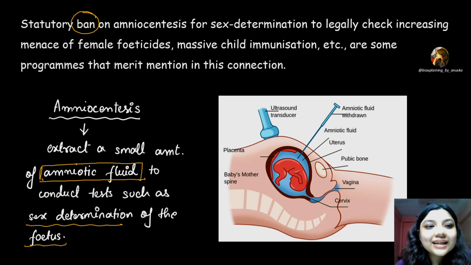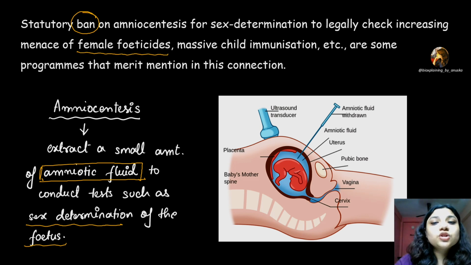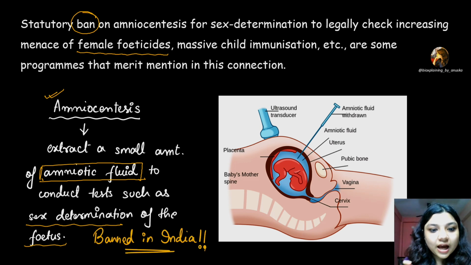You cannot legally check the gender or the sex of your unborn child. Because once people would check the gender, if it was female, they would go for female feticide, right? So to reduce that, this amniocentesis test has become banned in India.